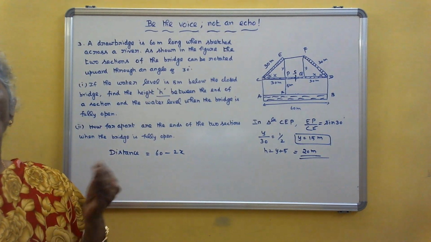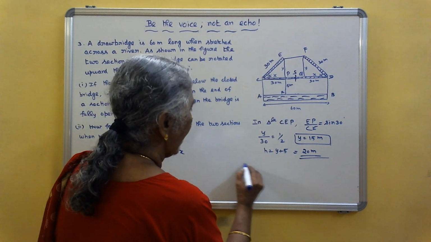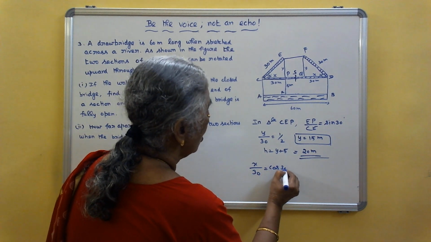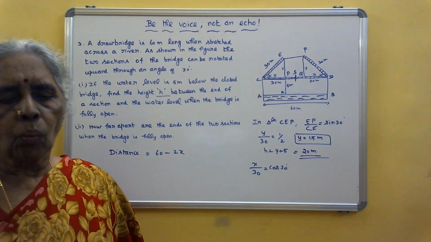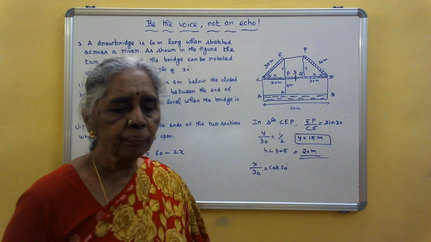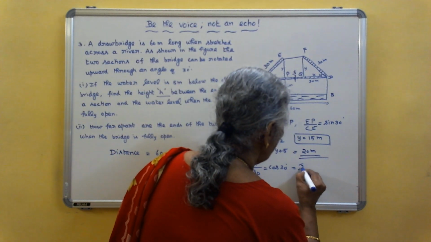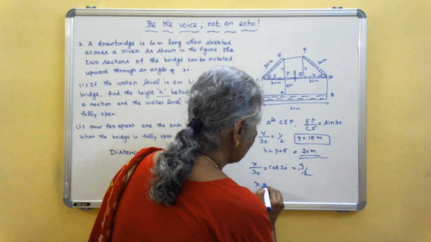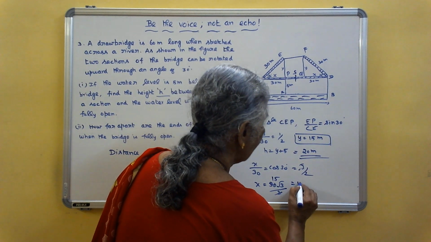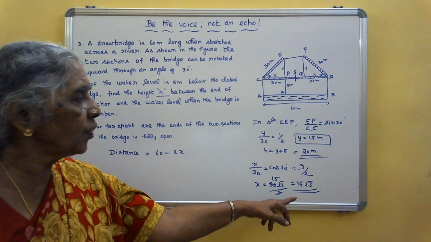So let me find out x first. What is x? I can take the same triangle. I will get x by 30 equal to cos 30 degrees. Isn't it? What is cos 30 degrees? That will be root 3 by 2. So x will be 30 root 3 by 2, so you will get 15 root 3.